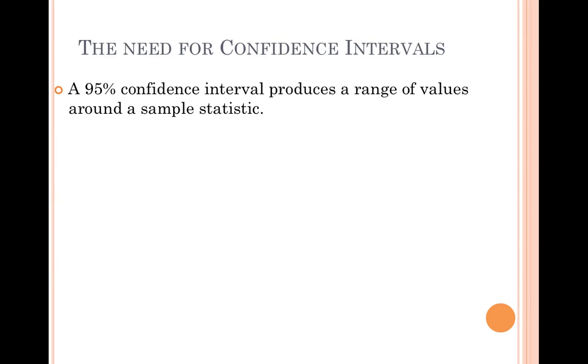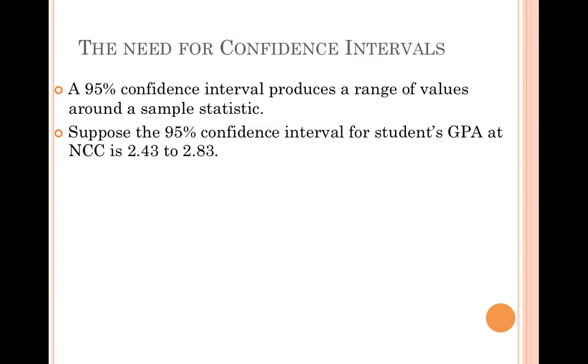So a 95% confidence interval, for example, produces a range of values around a sample statistic. Let's suppose that we've gone through the mathematics and we produced a confidence interval to estimate a student's GPA at Nassau Community College.